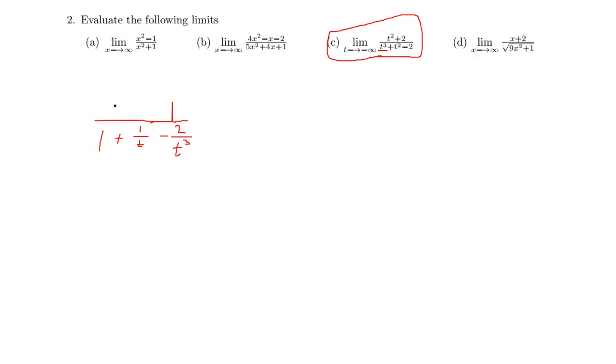But on top here, you are going to have 1 over t when you divide by t cubed, plus 2 over t to the power 3. So this is what you are going to have. Let me just write this proper.